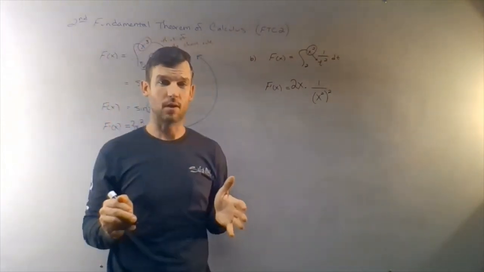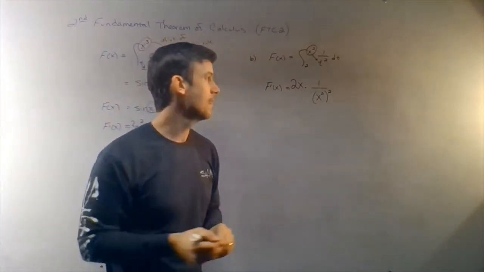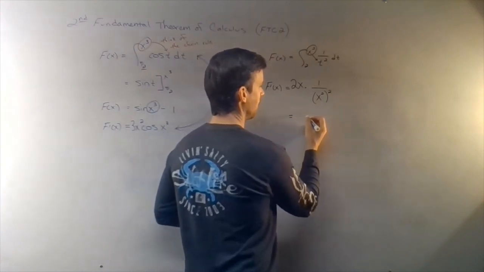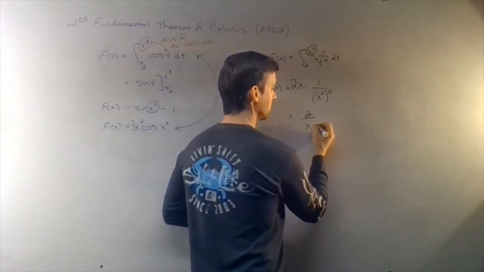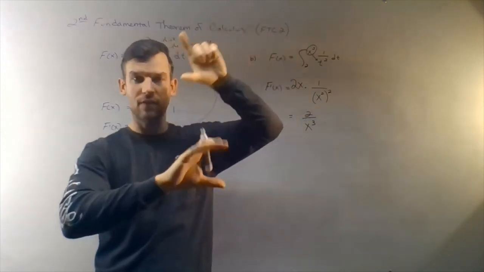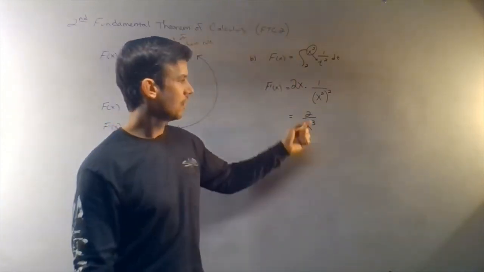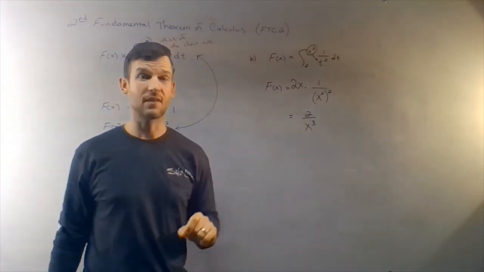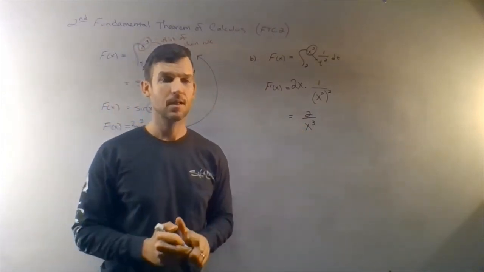That's the chain rule part that we're considering. We end up with 2 over x to the third, right? That's x to the fourth. Got an x on top. X over x to the fourth is a 1 over x to the third. There's a 2 there. That's my answer, skipping all of that work.